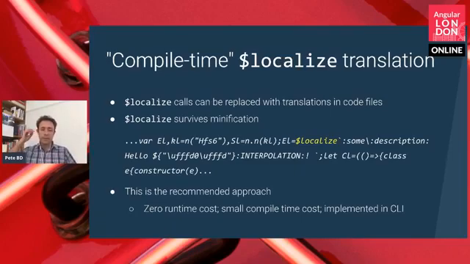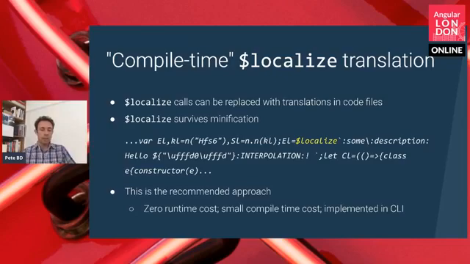And what this means is that even in very heavily minified code, we can still identify these. And what we can then do is replace that completely with the translated string. So there is no $localize left in the final output distributable file at all. We strip all of that out, and we end up with a much smaller distributable file.